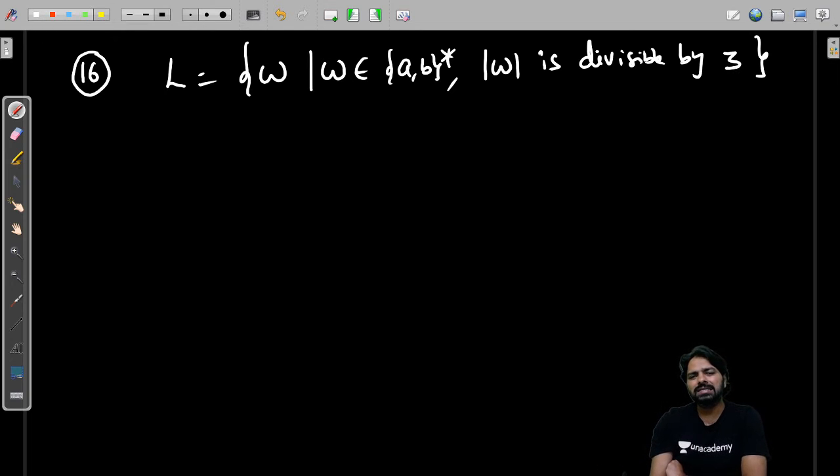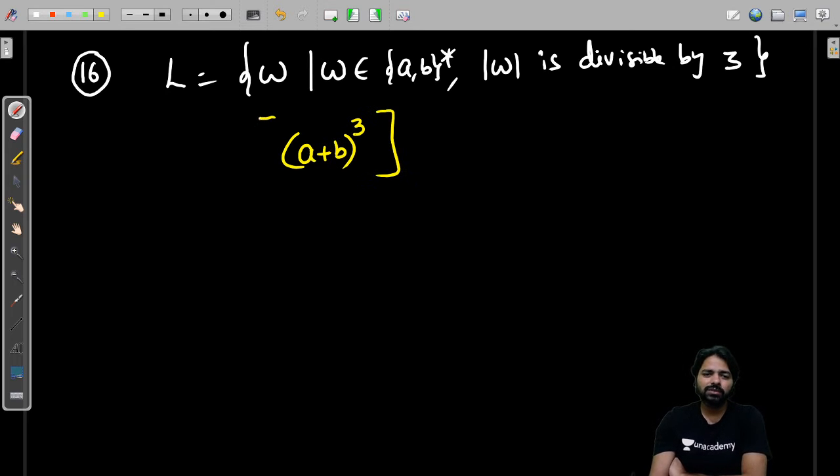Divisible by 3 means the remainder is 0, so length is 0, 3, 6, 9; they are divisible by 3. Remainder 0 concept. Now how do you write that, guys? You have to say A plus B power 3. This will guarantee 3 length. This 3 length you can repeat any number of times.